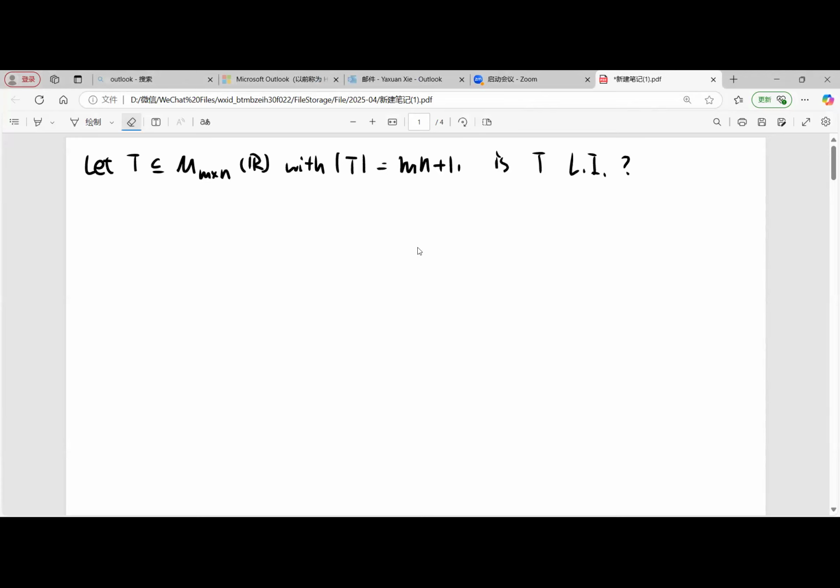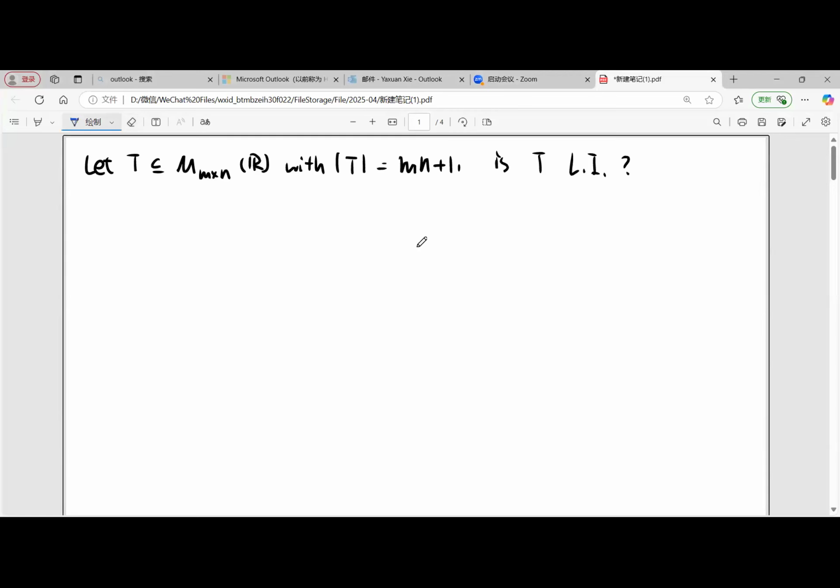Okay, so it's quite similar to the one Thomas gave you for question 9. So the first thing we want to show is the dimension of the m by n matrices is mn. That's quite straightforward.